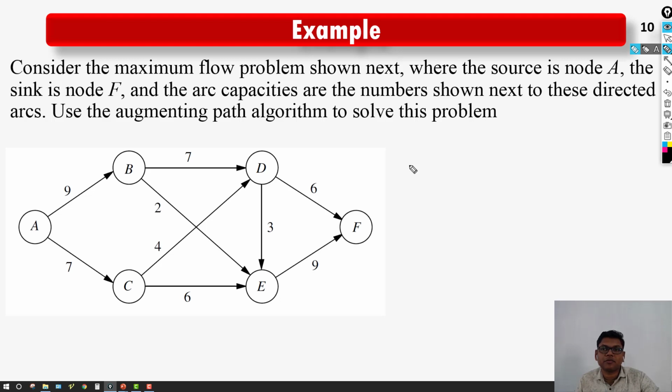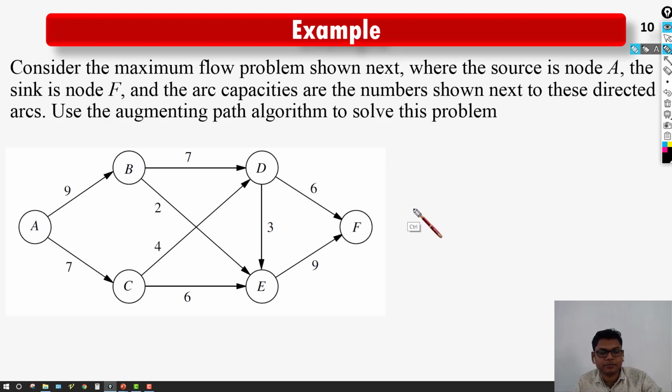The first step was to convert all the links into undirected, and by putting the residual capacities. So let's see.